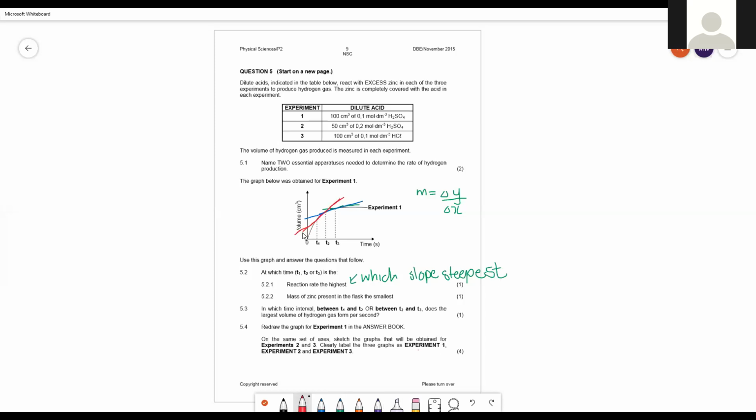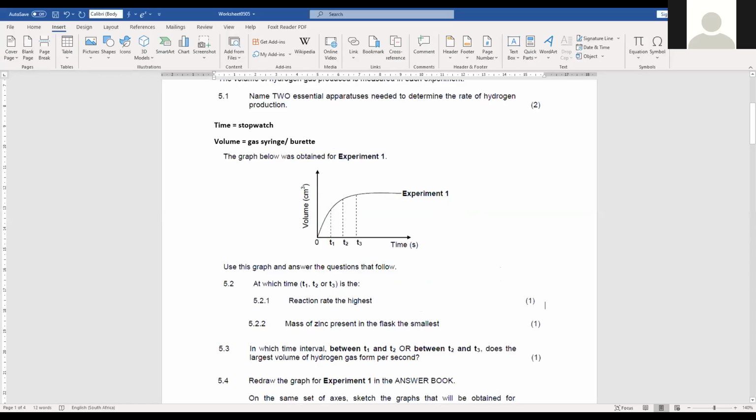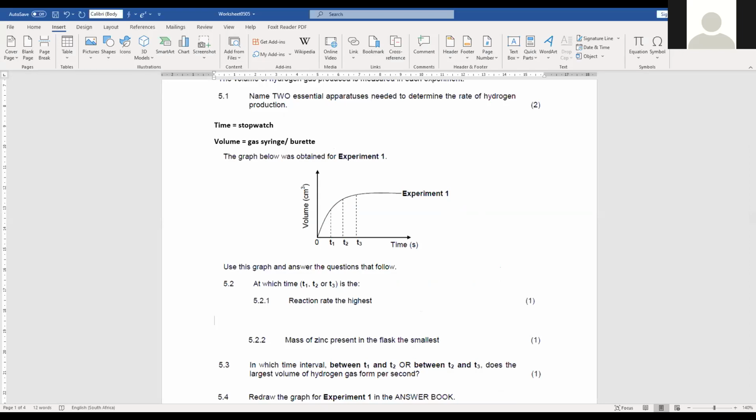I just can't draw a straight line, but it should be at this point over here. So for this answer, we would write T1. Does that make sense to everyone? So the highest reaction rate would be at T1. It has the steepest slope.